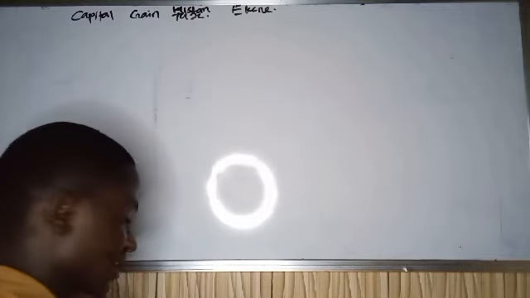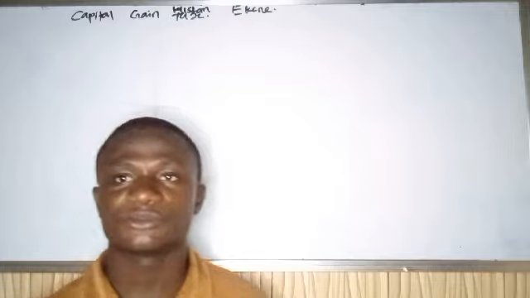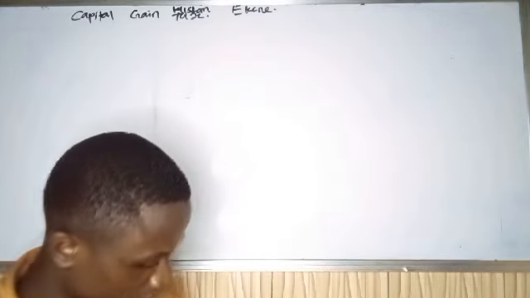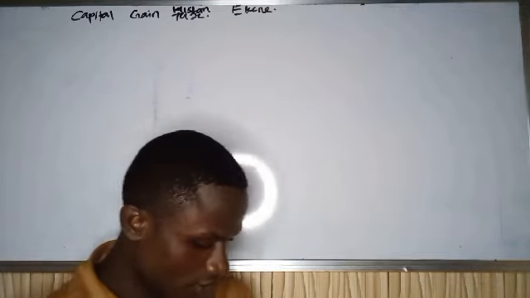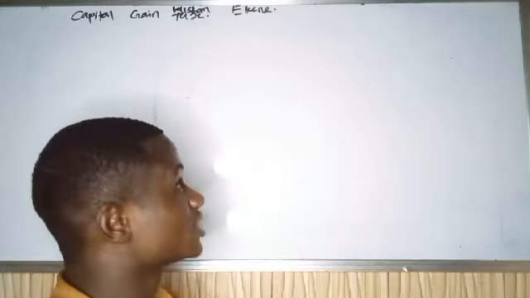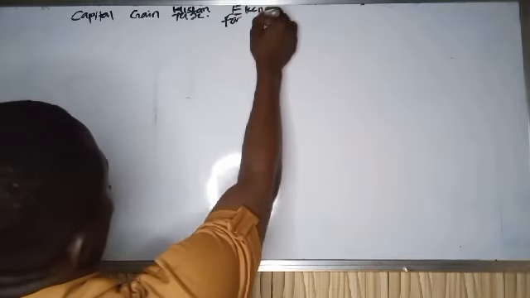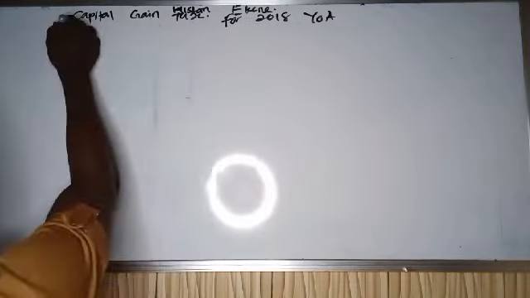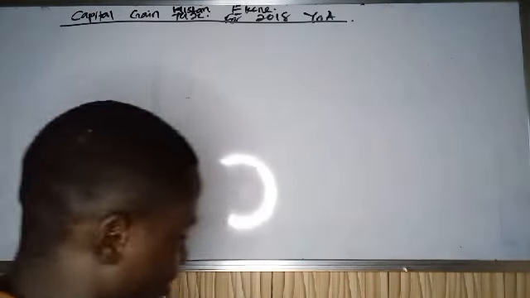I've said it in my previous videos that capital gain tax is computed on a current year basis. So in what year is he selling the asset? He sold the building in September 2018, so he's selling it in September 2018. So capital gain tax for 2018 year of assessment.